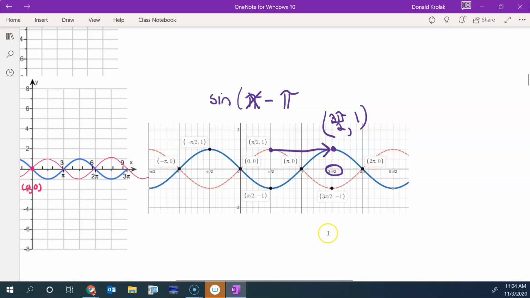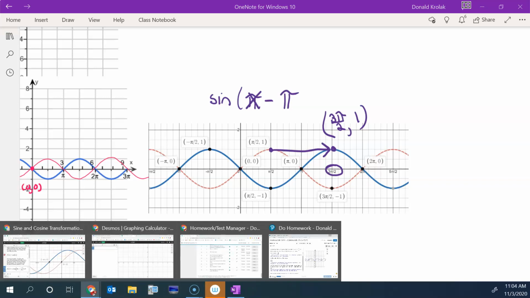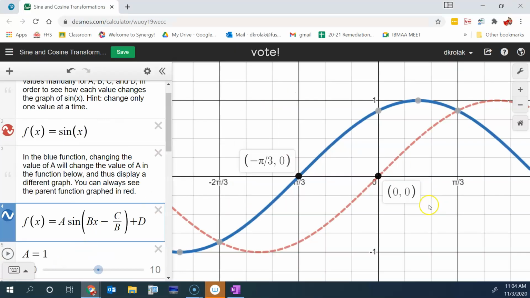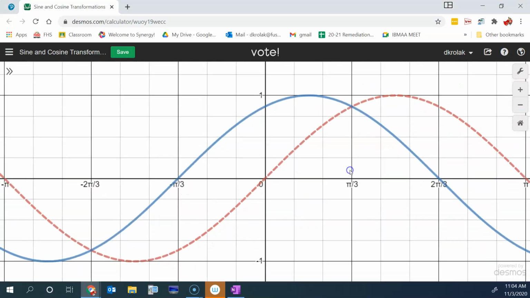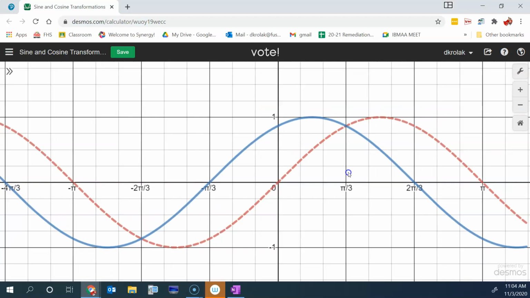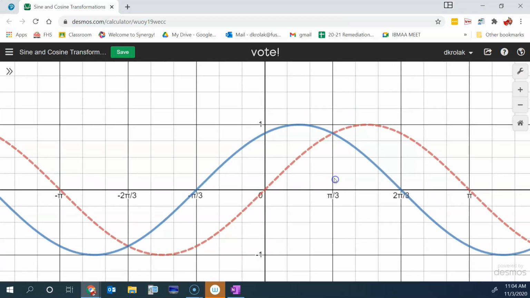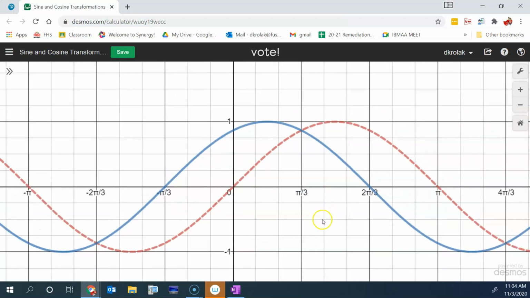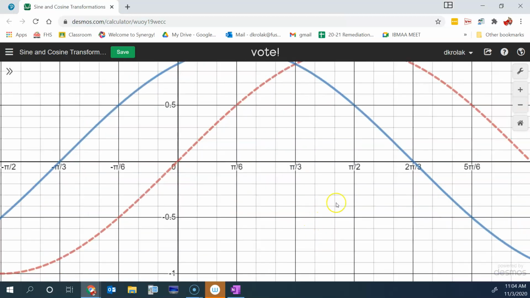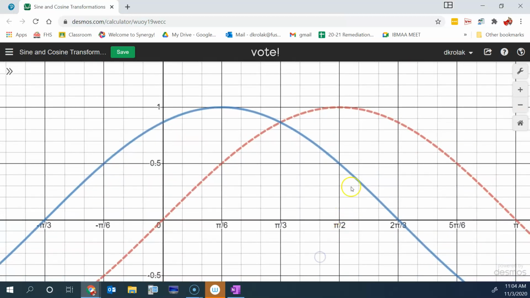So if you click on your Desmos graph, let's say we were doing Jessica's right here. What's the next point you have to transfer on yours? Yeah, the next question. Okay, so I'm going to go to pi over 2. And if I zoom in and zoom out, I can see where there's pi over 2.